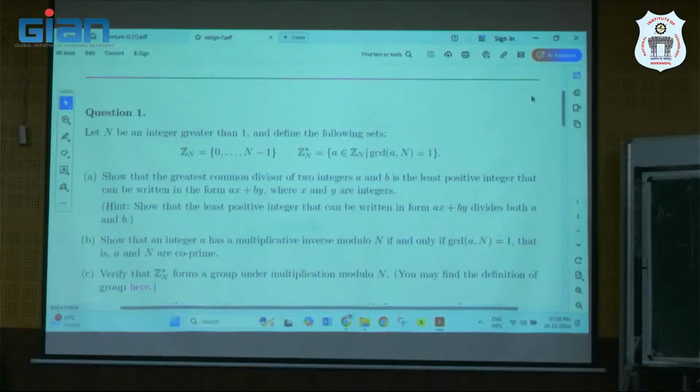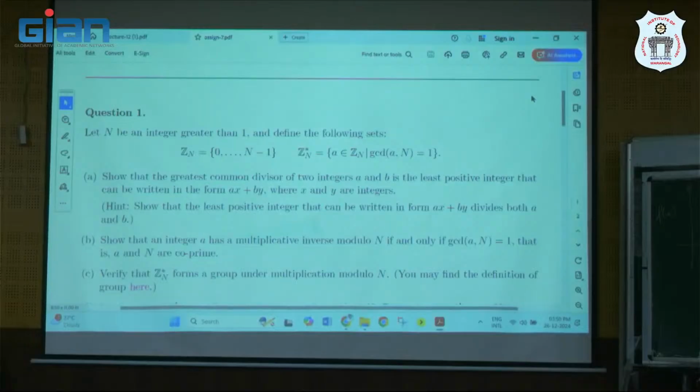Okay. Firstly, let us try to argue that GCD divides this number. Look, GCD divides a, GCD divides b. So GCD divides both of ax plus by, correct? Yes or no?